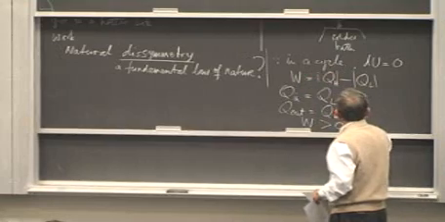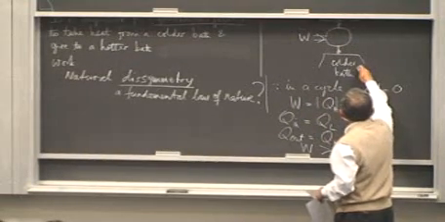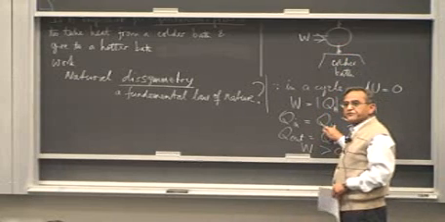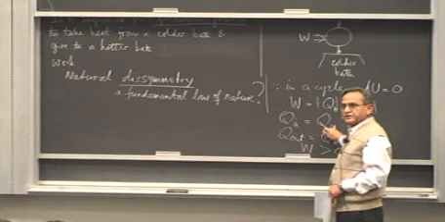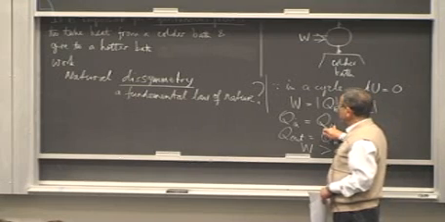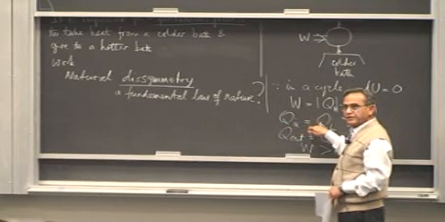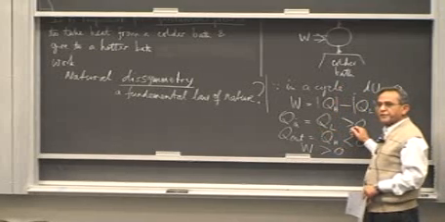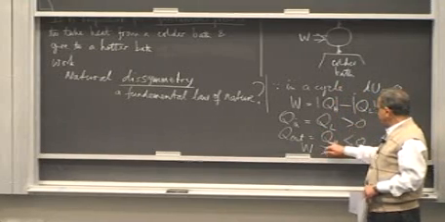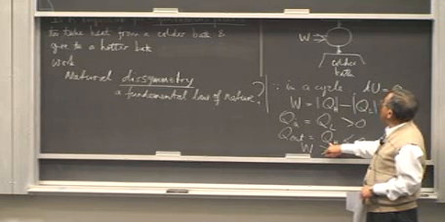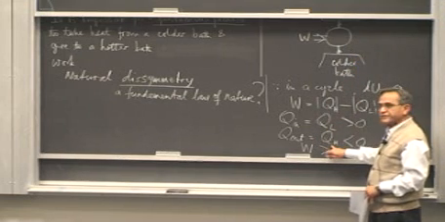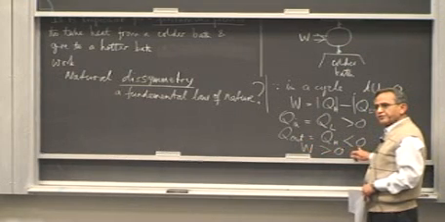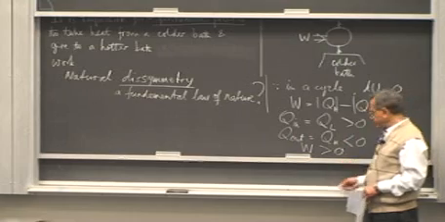As I said, this heat that is taken in from here is heat taken from the lower, colder bath, and because it goes into the system, it is positive. And heat QH, which is given out to the hotter bath, is the Q out, and because it goes out, it is negative. Okay?